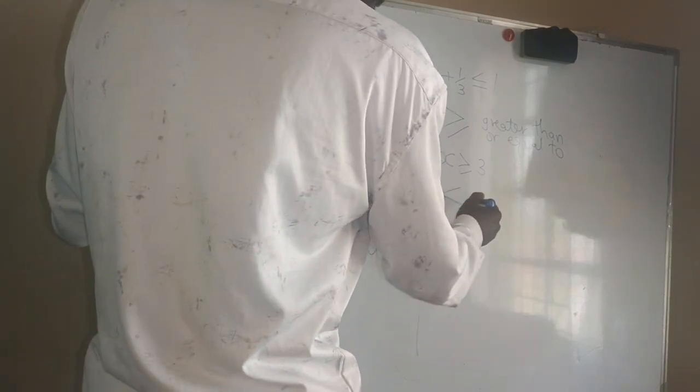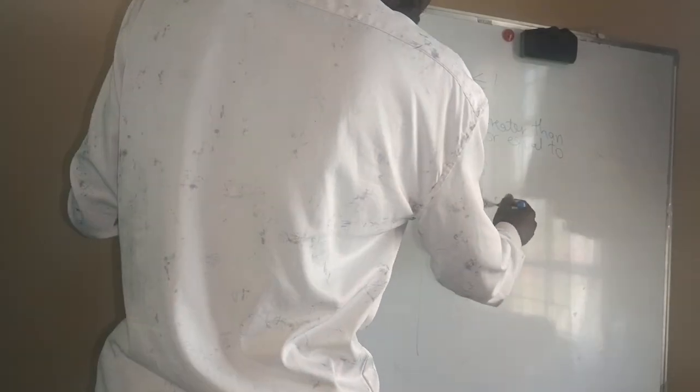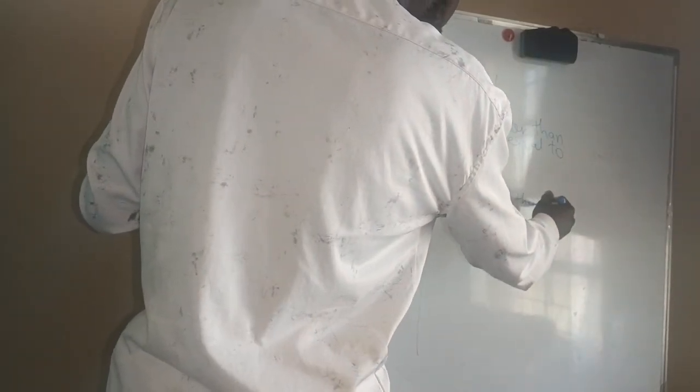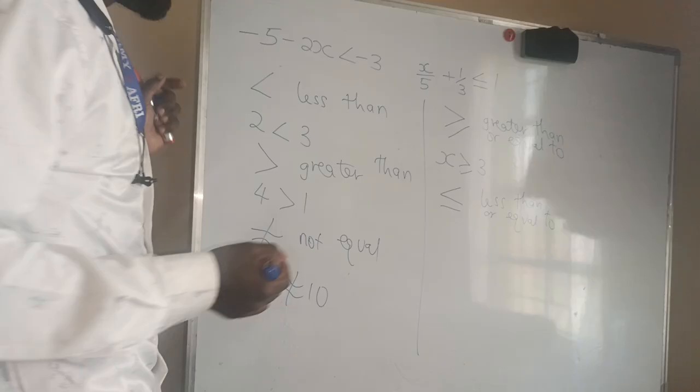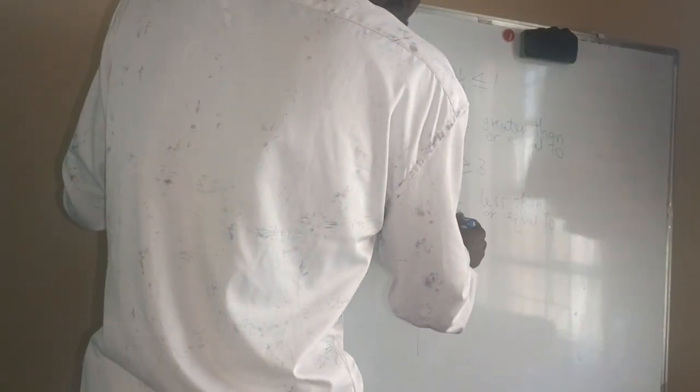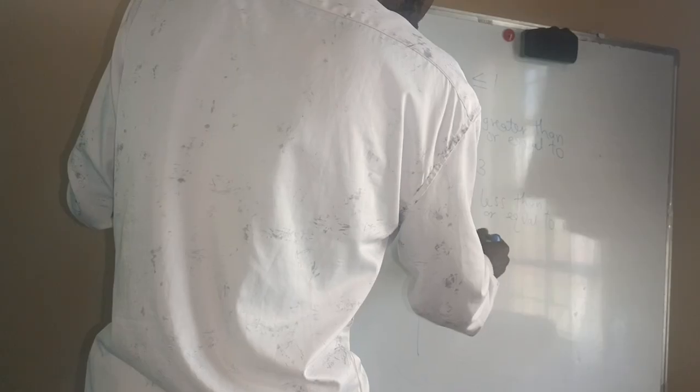And the other one is this. This means less than or equal to. A good example can be this: I can say 70 is less than or equal to x. Someone can also write y is less than or equal to 40.